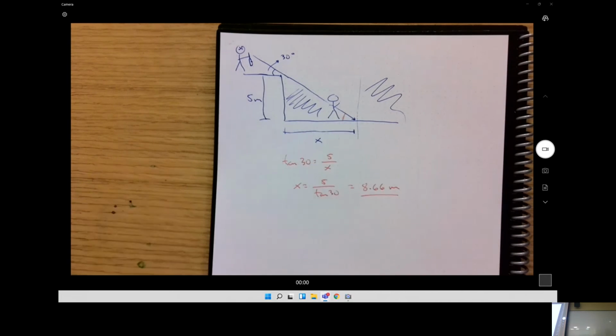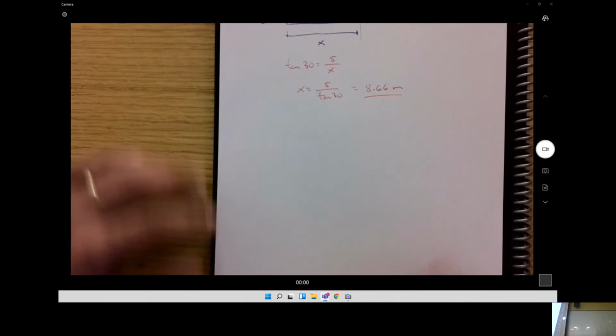Okay, so that's the range that Aubrey has. From the wall up to 8.66 meters, we can move in that area and we'll be safe. Okay, now Jason knows physics. And then he decides, well, I'm going to start filling the pool with water.